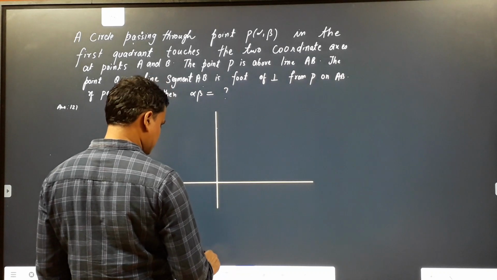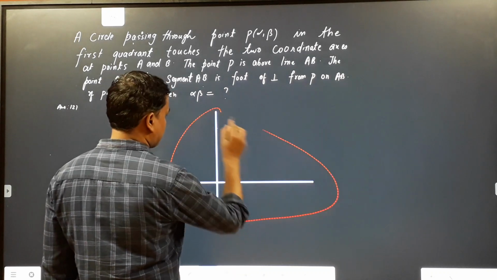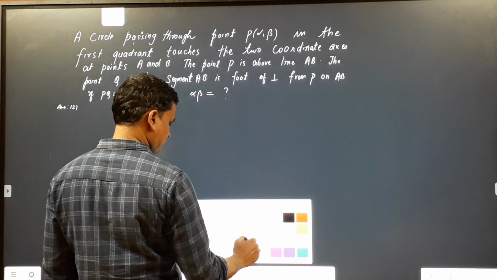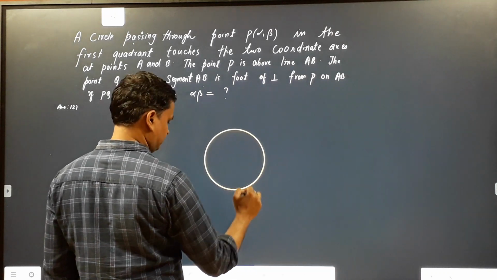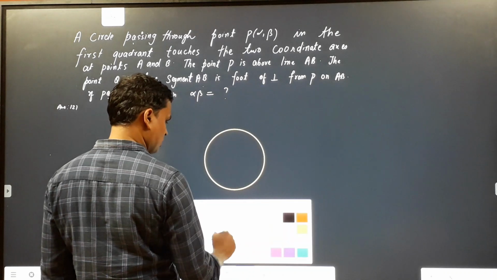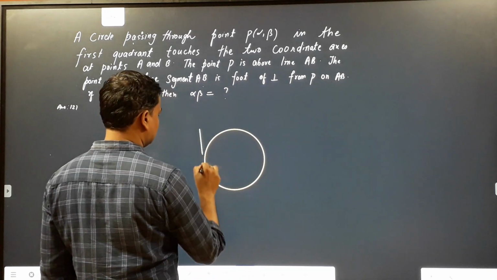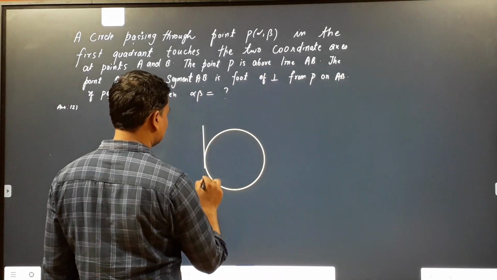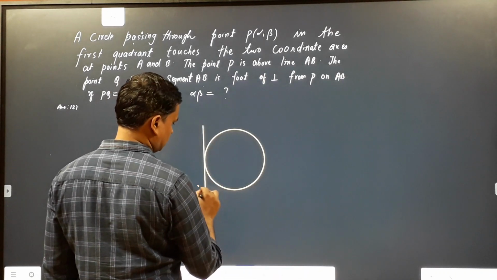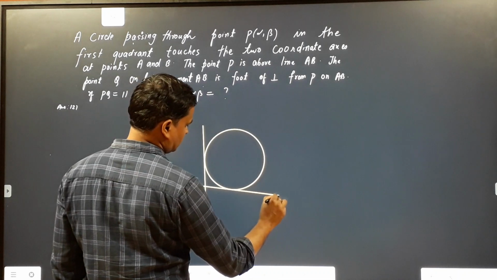Let me draw a circle here. This is a circle, and then the coordinate axes.